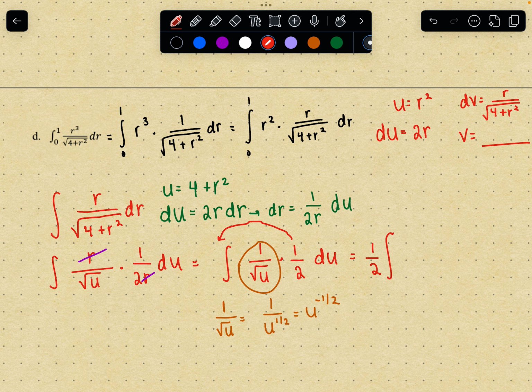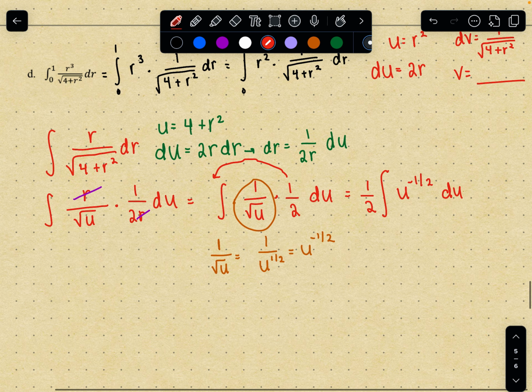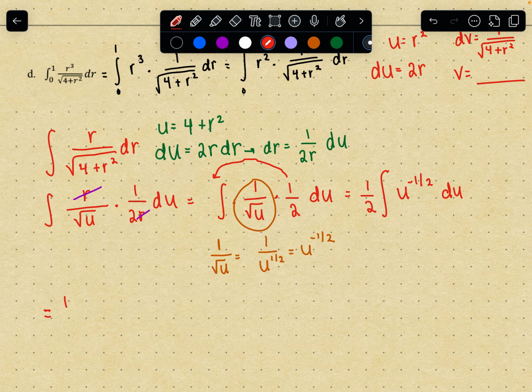All right, so now we're just taking the antiderivative of this. Okay. Let's see. So to do that, we need to use this.